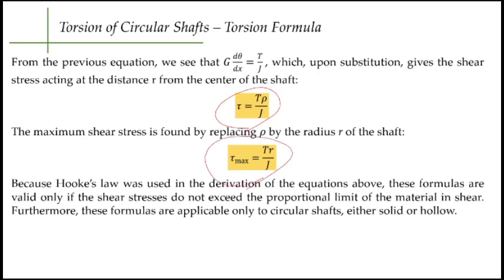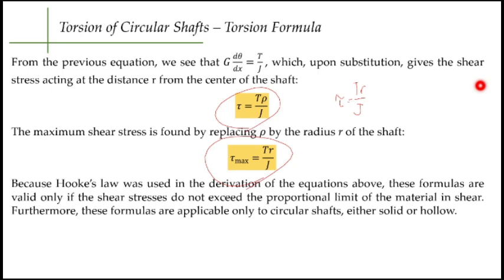Basically, shear stress is equal to TR over J. T is the torque, R is the radius, J is the polar moment of inertia, and tau, of course, is for your shear stress. Now, why are there two formulas with two variables representing the radius?